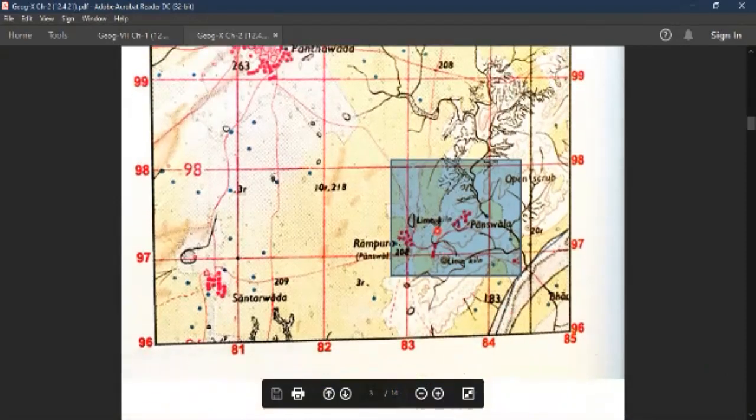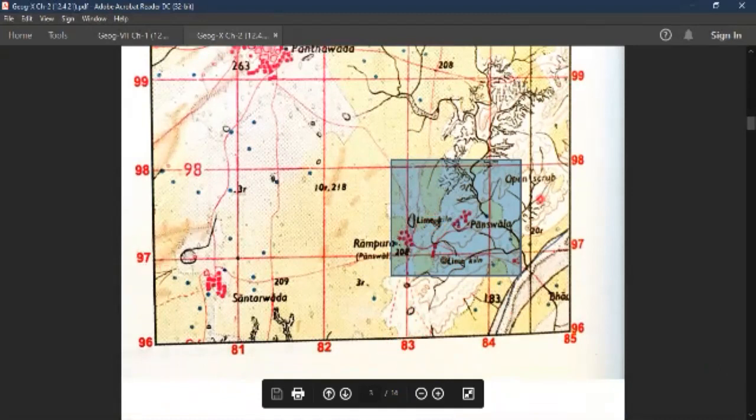Now here the Lincoln is being located with these concentric circles. While writing the 4-figure grid reference, first of all we mention the easting value and then the northing value.